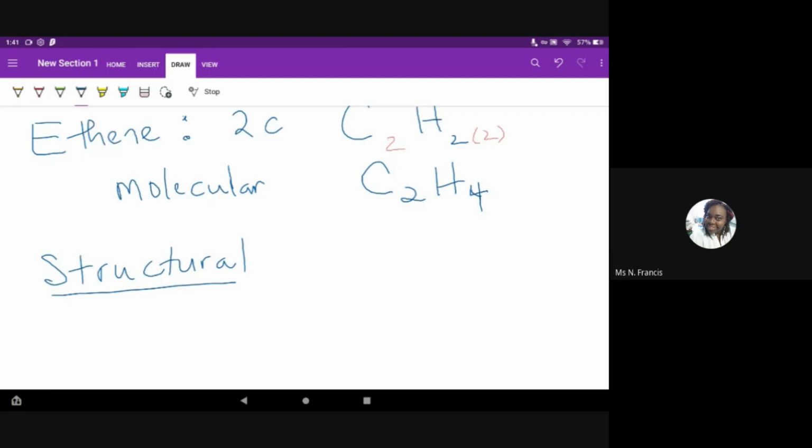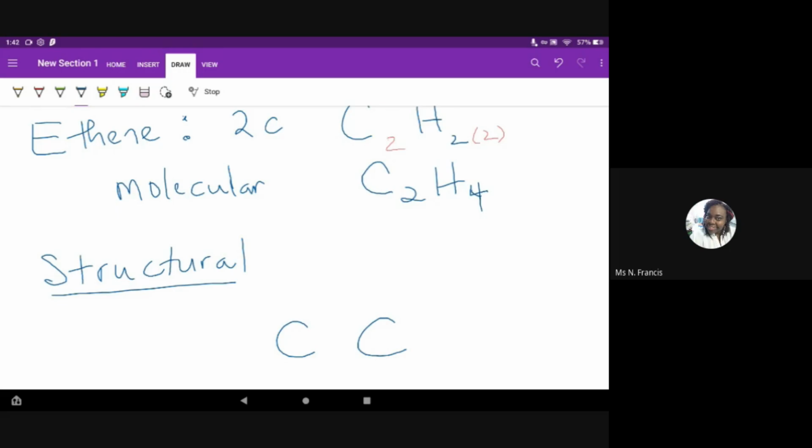That means it is your carbon chain. So we always state in terms of how many carbon atoms. So if I have 2 carbon atoms, I'm going to start with that 2: 1, 2. If I had 6, I'm going to draw the 6 carbon atoms.